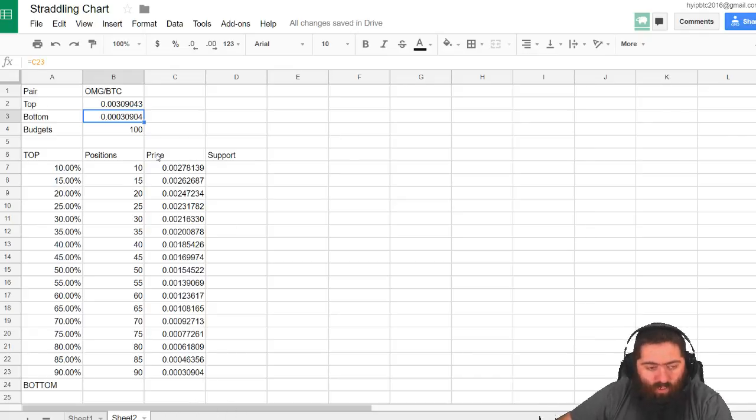Alright, so if I'm using my straddle and I'm 50-50, then at, let's see, where are we at? 16. So I would be 60-40 at this point, or 65-55, until it dropped down to this price right here. So I know how many coins I should have based on my budget. I'm going to have 45 positions of OMG.